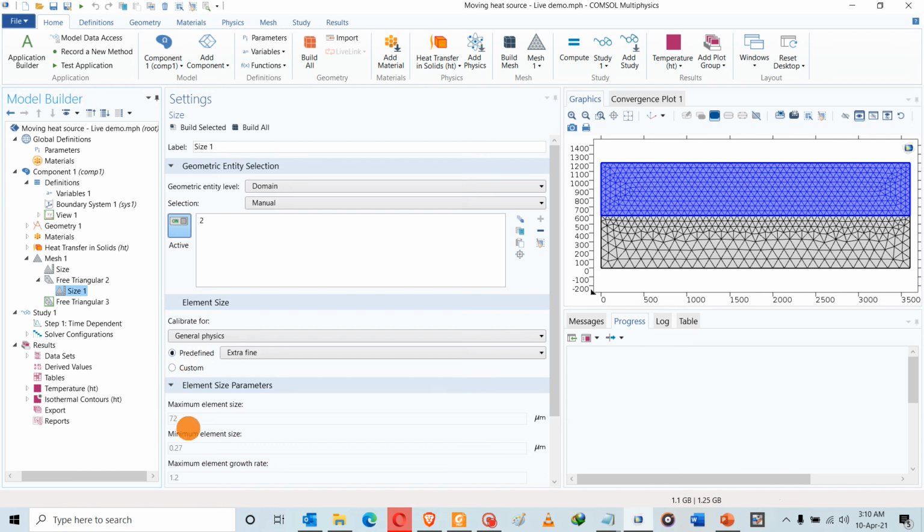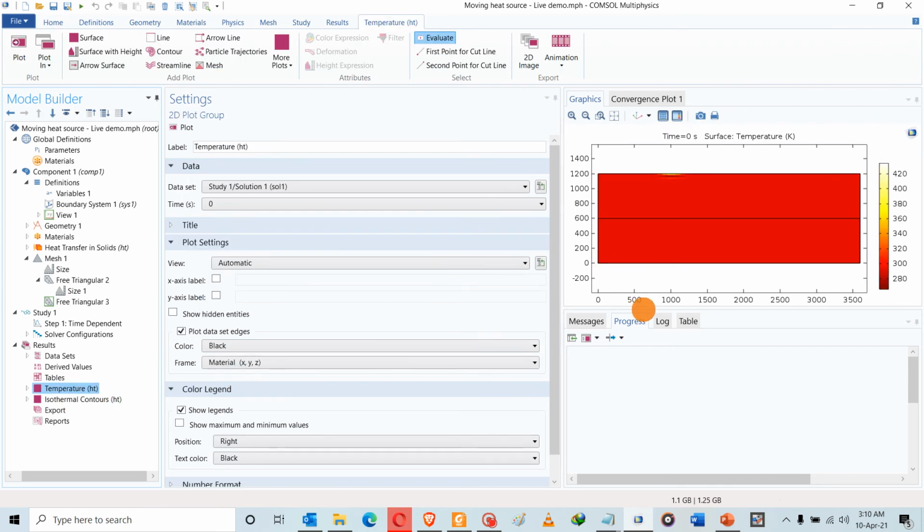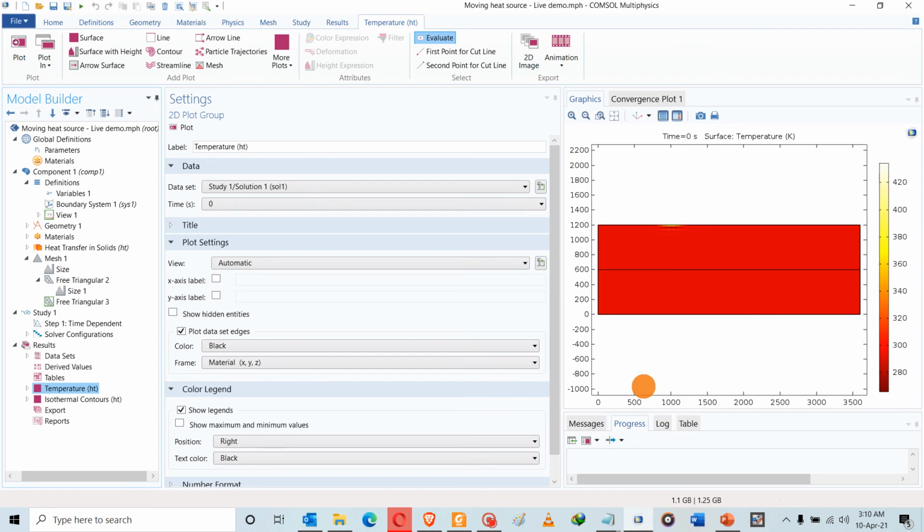I'll customize it later once I've discovered that the simulation works as desired. So this is a typical outcome of the simulation. Let me just do this.